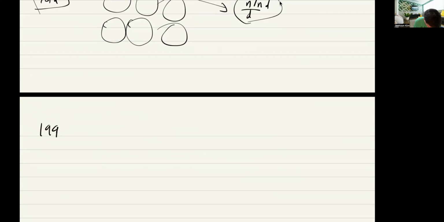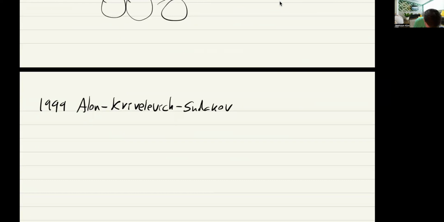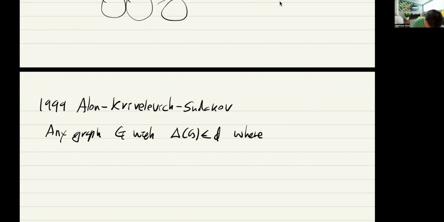In 1999, Alon, Krivelevich and Sudakov proved that for any graph G with maximum degree d, where, so triangle free graph means that its neighborhood contains no edges.